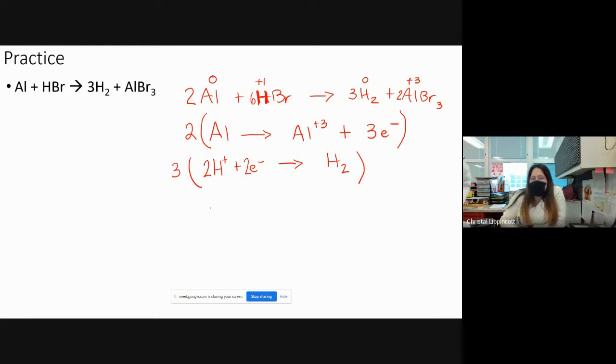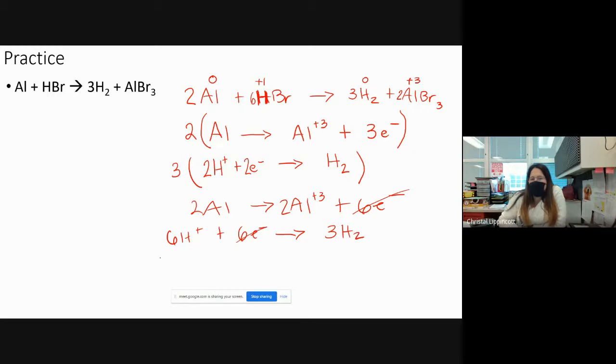So this is then going to be 2Al yields 2Al3+ plus 6 electrons. And then on this side, we're going to have 6H+ plus 6 electrons yields 3H2. So then these electrons cancel out, and then you're left with the equation.